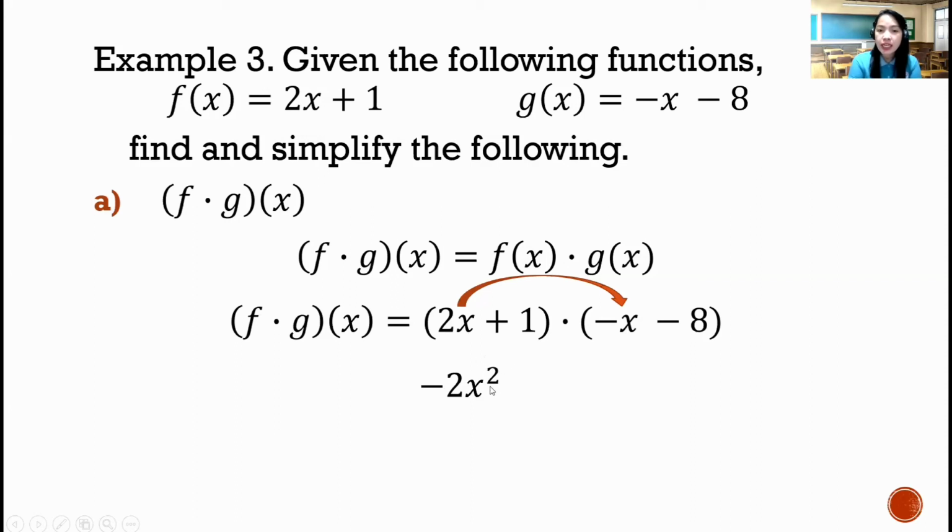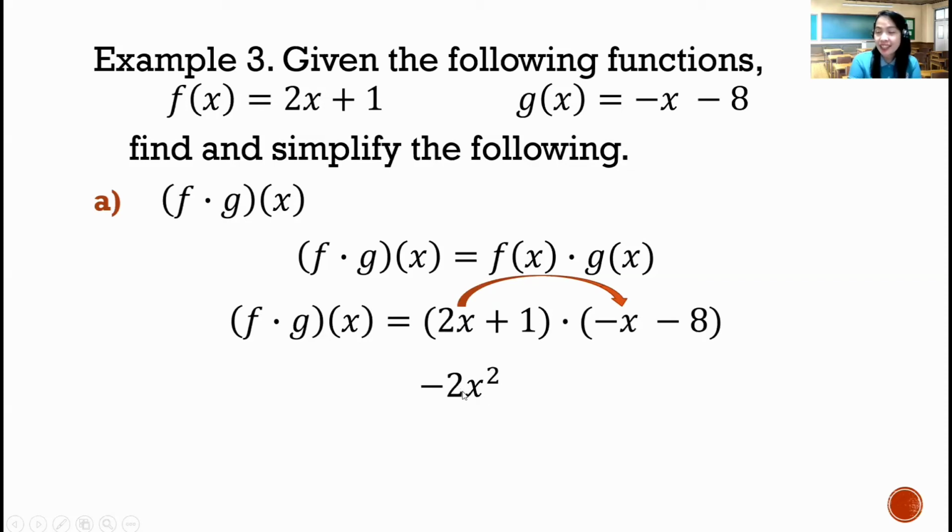Ibig sabihin, in-add natin dito yung exponent ng dalawang x. So, ang exponent nitong 2x or x na variable ay 1. At itong negative x, ang exponent niya ay 1 din. So, 1 plus 1, that is 2 as the exponent of the first term in this equation.